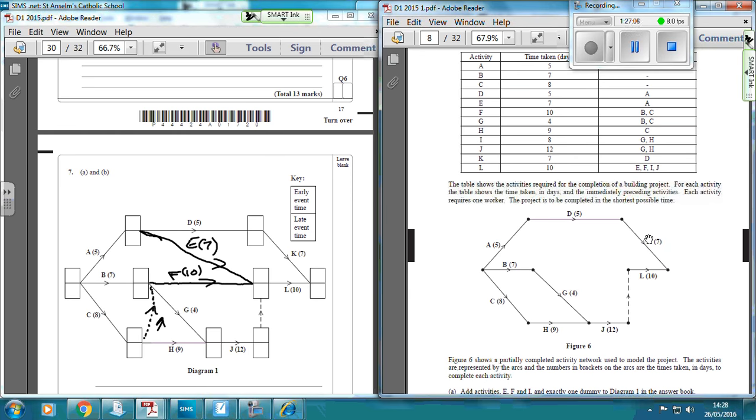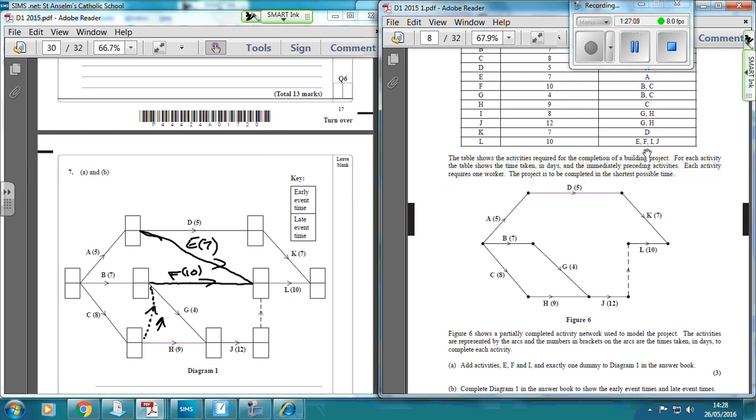And then we've got I. Now I is preceded by G and H, which is starting off down here, and L needs to be done after I. So that's going to be there, and I takes 8. Okay, so now we can just double check L, E, F, and I, and J down here, the dummy from J, is going into it. What else has been affected?